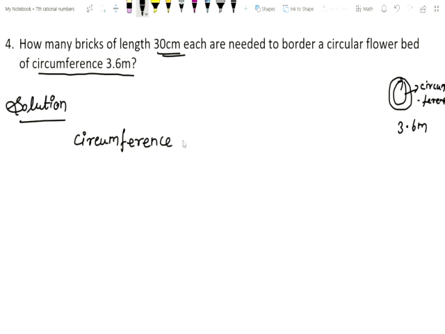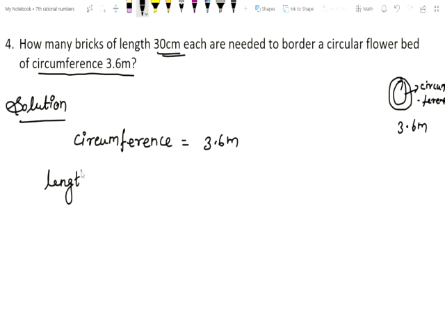And the circumference is 3.6 meter. So find the solution. Circumference equal to 3.6 meter.